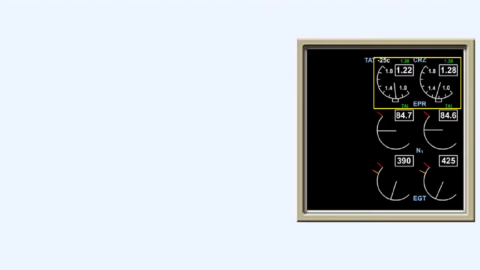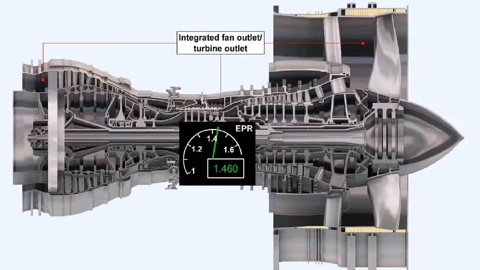High-ratio bypass engines use the engine pressure ratio, EPR, as an indication of engine power output. The ratio is that between the exhaust pressure and the engine intake pressure. On some large turbofan engines, the values of the turbine discharge pressure and the fan outlet pressure are integrated.